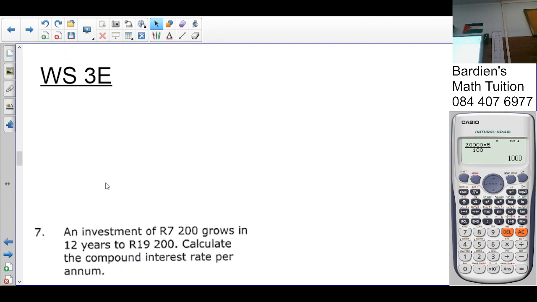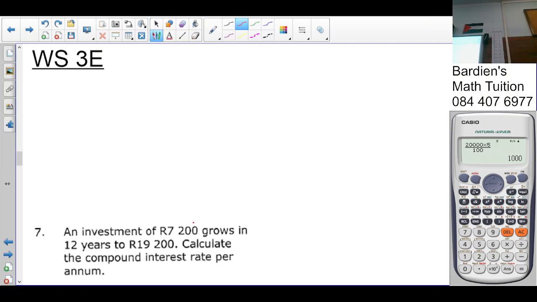Number 7. Number 7 in 3 says an investment of 7,200 rand. So this is what value? 7,200, your P value. It grows in 12 years. That is your n. To 19,200. Okay. Calculate the compound interest rate per annum.